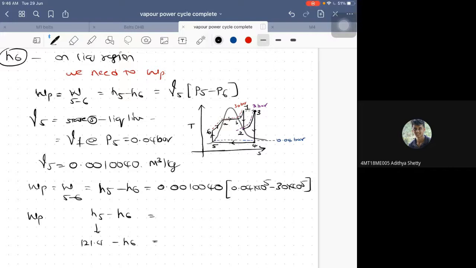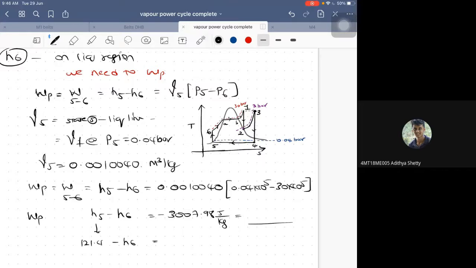Minus 3007.98. Can I just write it as joules per kg? Whatever you get here would be in joules per kg. Generally we are following kilojoules per kg, because H5 and H6 are in kilojoules per kg.